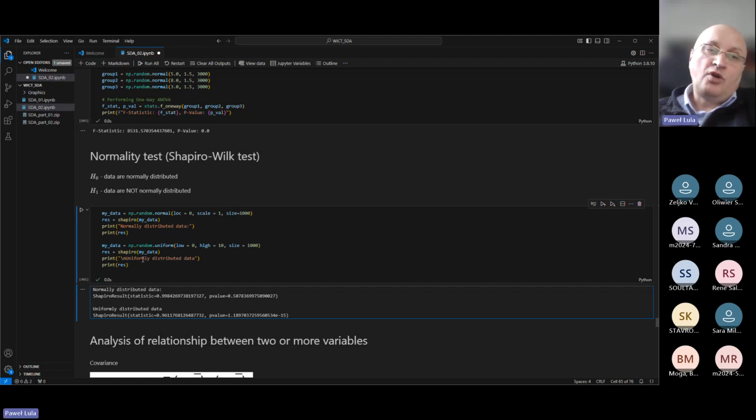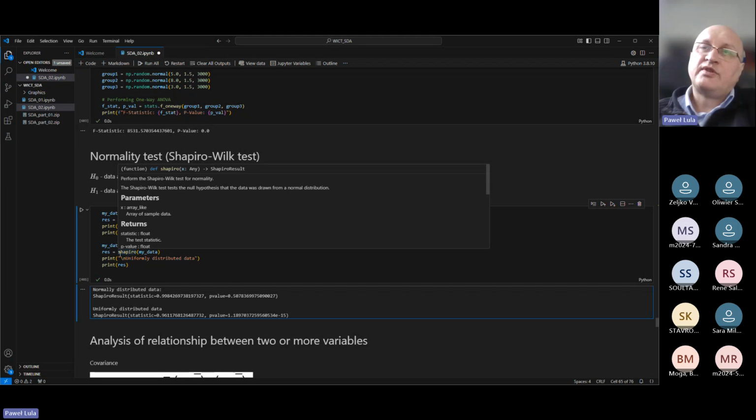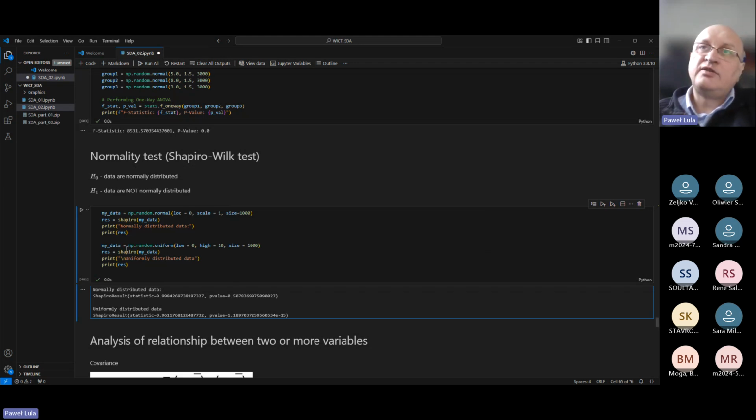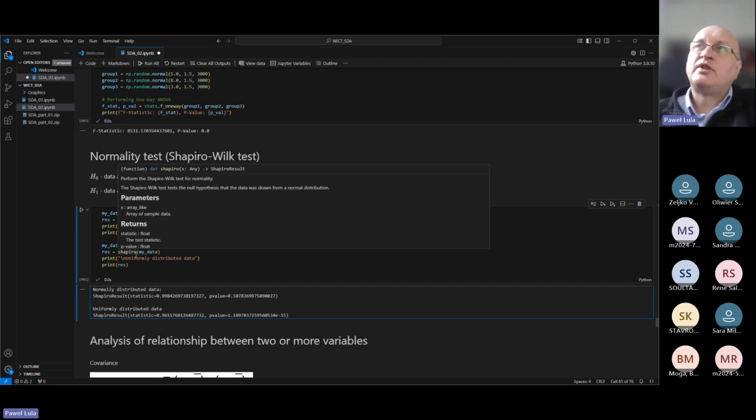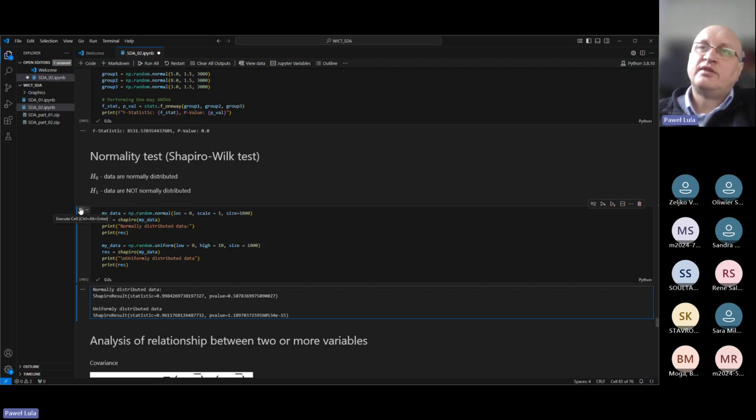And I want to verify the hypothesis that in the whole population, values of this variable have normal distribution. I use the same procedure for performing the Shapiro-Wilk test, and the result is here.